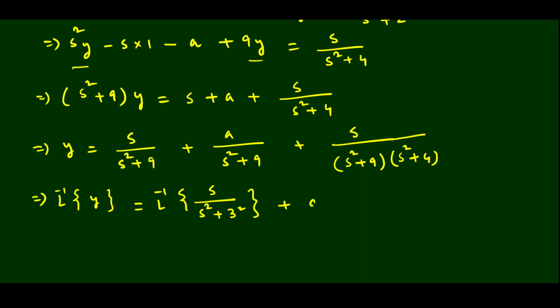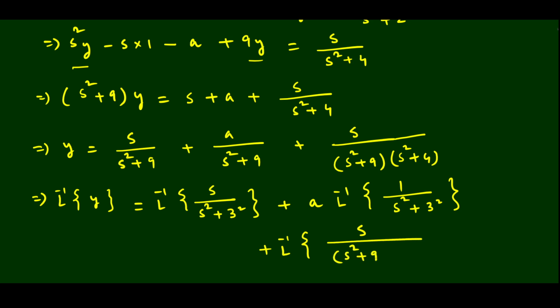Then the second term a is constant, so let us keep it outside: L inverse of 1 divided by s square plus 3 square, and the last term is L inverse of s divided by s square plus 9 times s square plus 4.